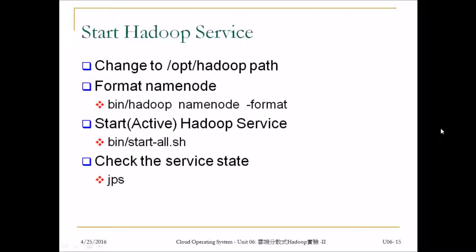Then you will know the name node, the data node, the task tracker, the job tracker. Sometimes we may have the secondary name node and jps. These 6 services of the Hadoop or MapReduce should be established and implemented.